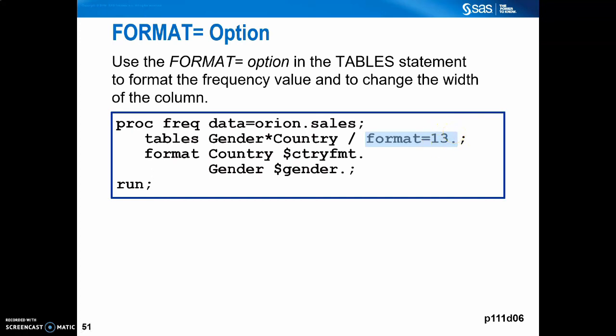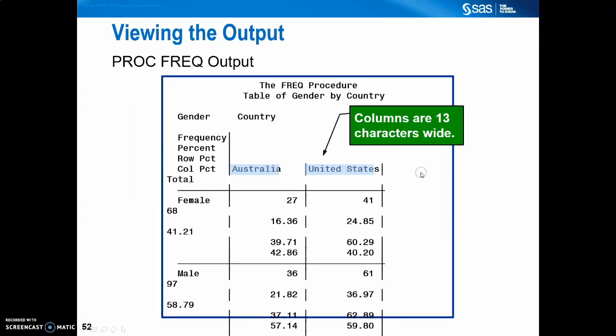In order to make the names unwrapped, we have to make the width fit the name of the label. For example, here we give a width of 13. Then after we submit the program, we have this kind of output, which is no longer wrapped.